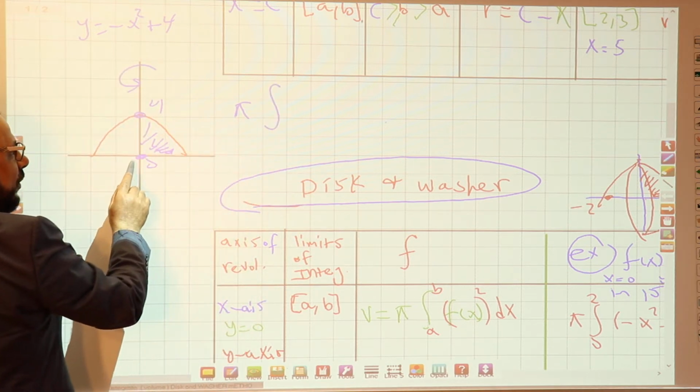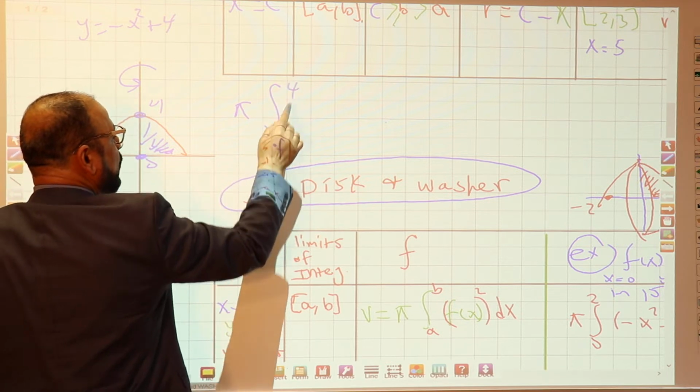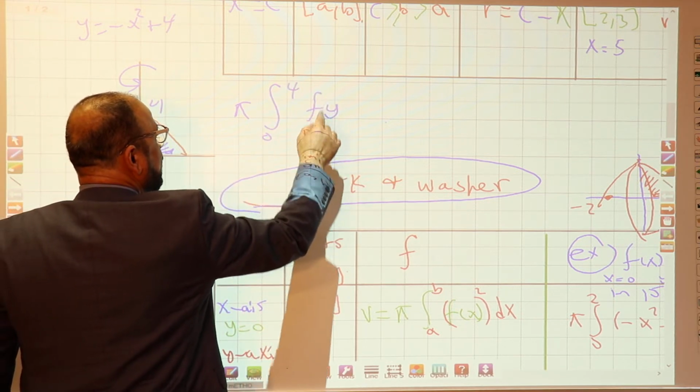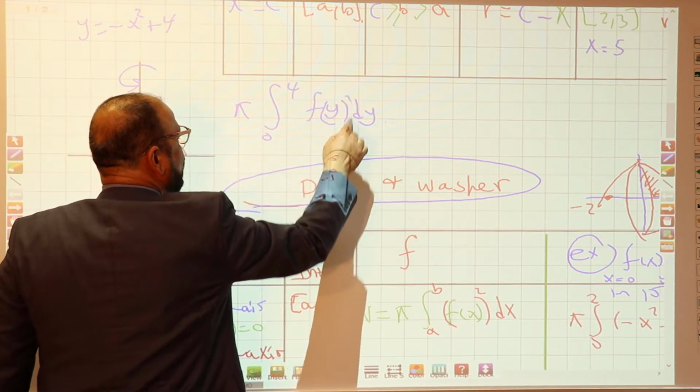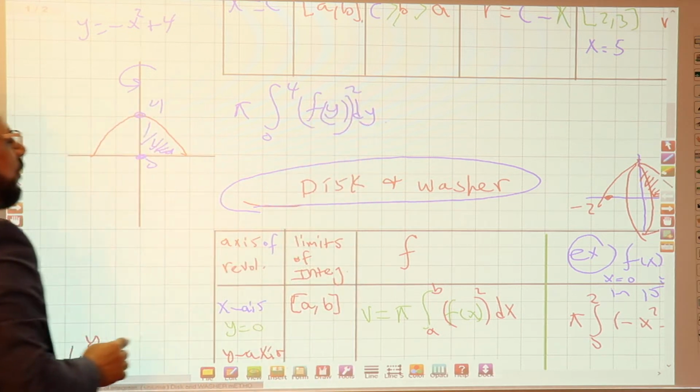Now about the y-axis, integration from 0 to 4 of f of y squared dy. How do I find f of y?